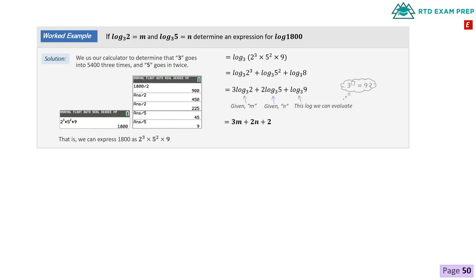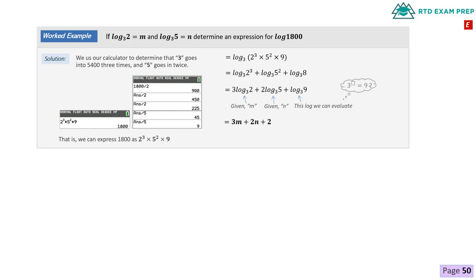And in this moment, we have to be really careful to not replace log base 3 of 2 with m and log base 3 of 5 with n yet. The reason being, the exponents 3 and 2, which appear on the arguments of 2 and 5, don't apply to the full logarithmic term. They only apply to the argument. And so right now we don't actually have log base 3 of 2 cubed as a multiple of m.